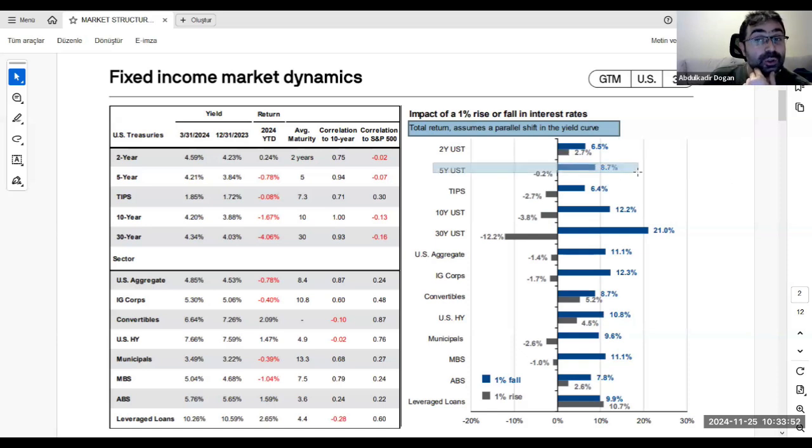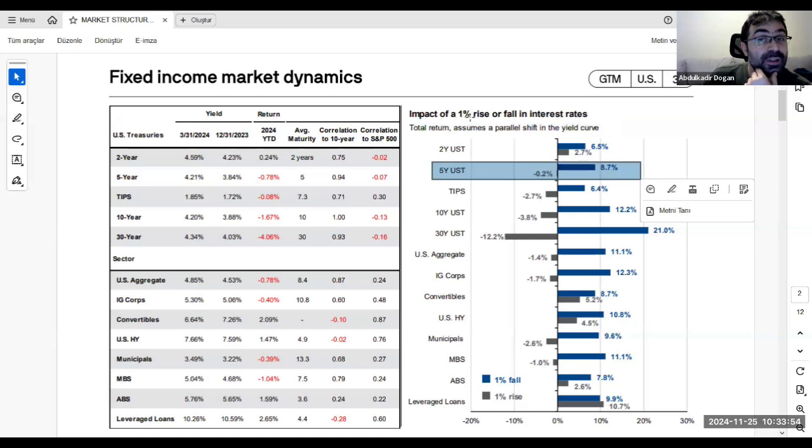But for the long term, if there's a rise of 1%, the 5-year treasury is increasing. But if there's a fall, it just decreases by minus 0.2. Or treasury inflation protected security is something like an increase, correlation is 6.4%, but the decrease is higher than that.